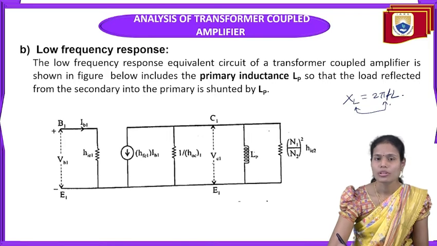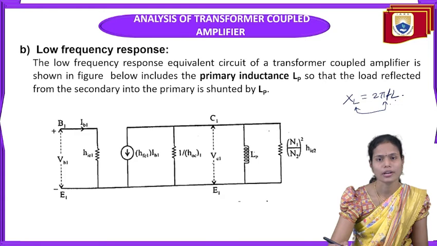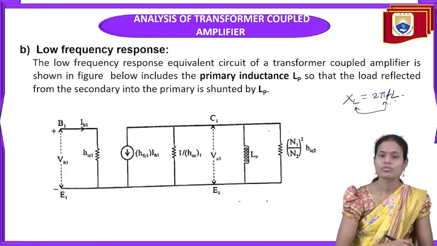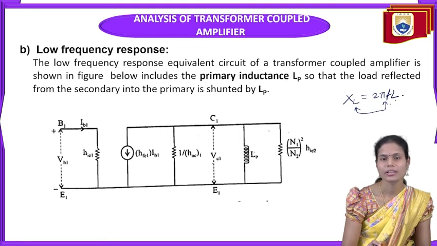If the frequency is low, the reactance is low. If the frequency is high, the reactance is also high. So because it is proportional to the frequency, we include the inductance of the primary winding in the analysis of the circuit.